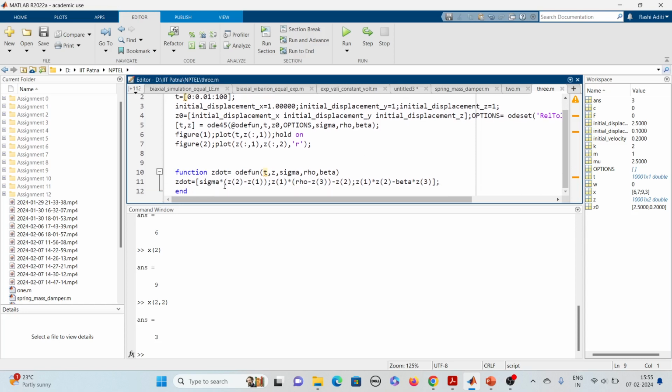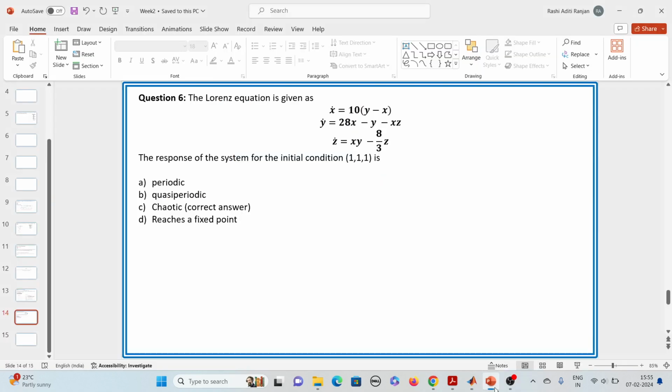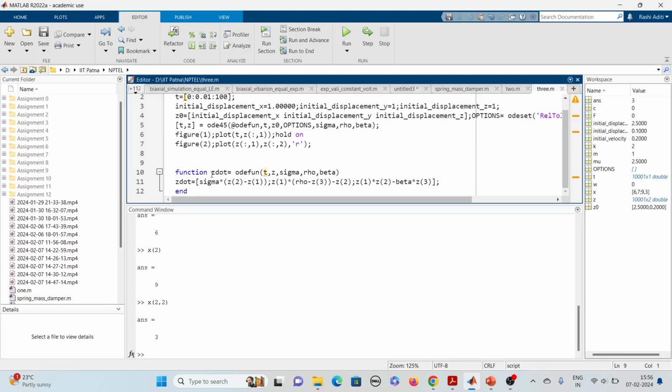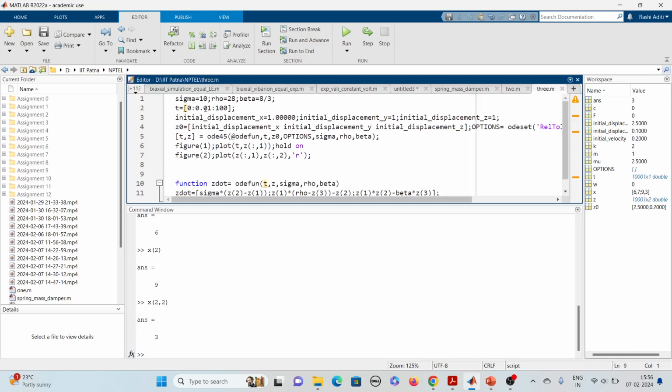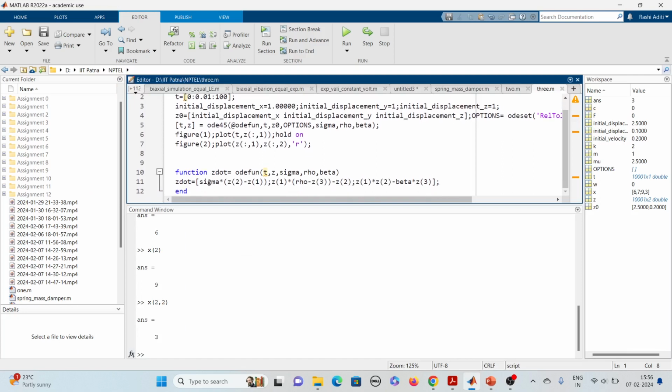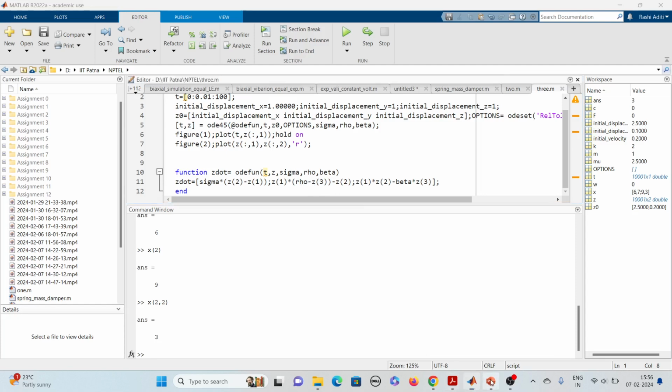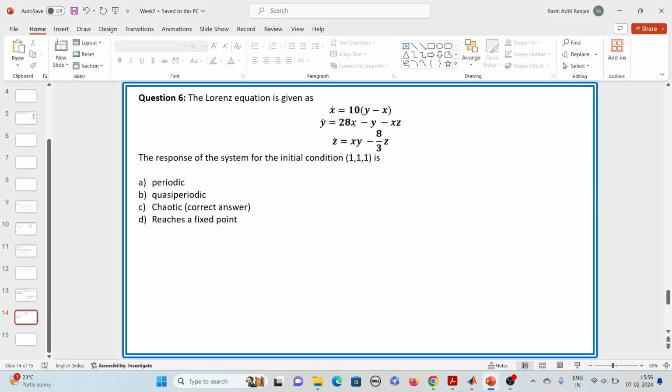See, I have sigma into z2, where z2 is y, minus z1, which is x. Compare it: it is 10 times y minus x. 10 I have taken as a variable, which is sigma. Sigma I have defined as, see here, 10. Then I have z1, which is x, into rho minus z3. See here, 28 into x.